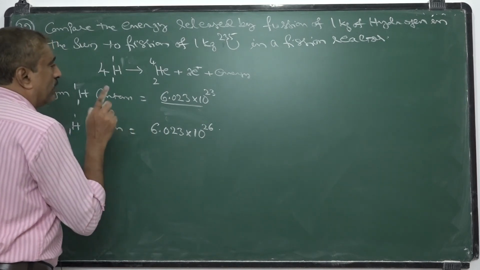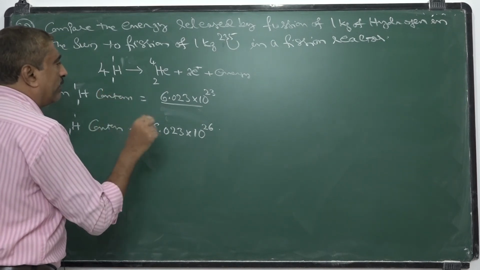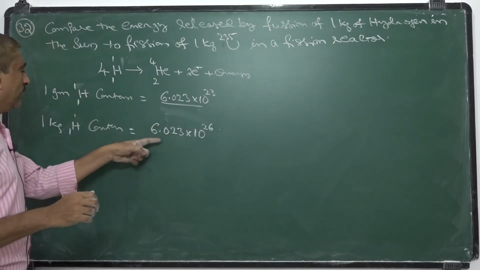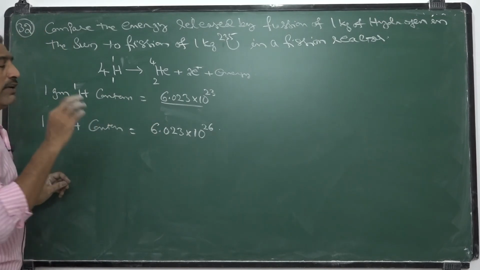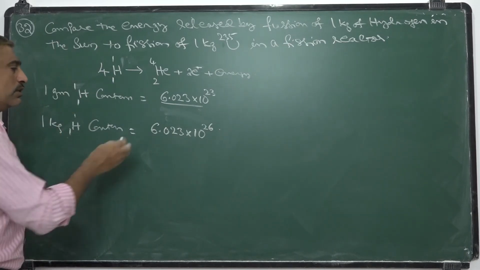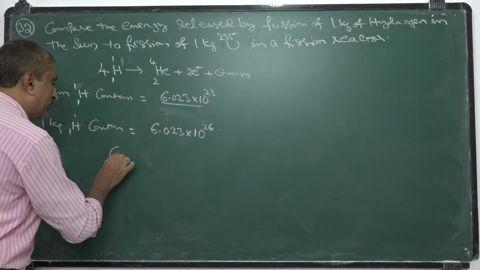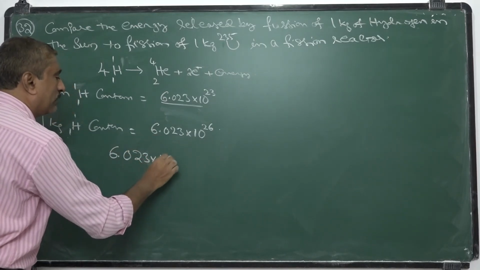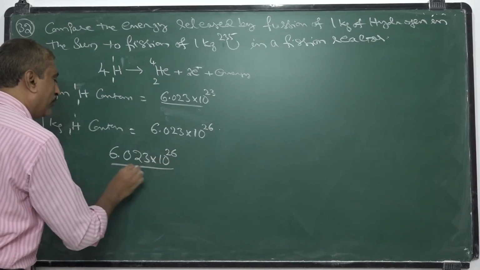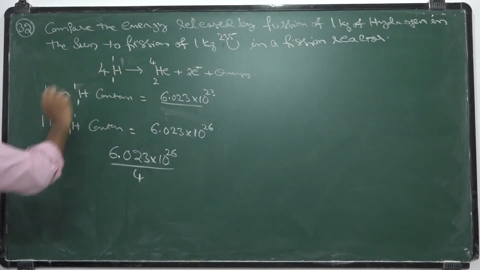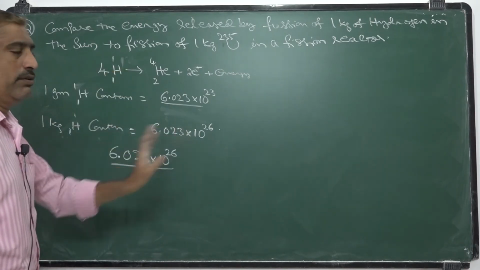So now, the number of fusion reactions that take place with these 1 kg of atoms is: for every 4 hydrogen atoms we will get 1 fusion. So we divide this by 4. So 6.023 into 10 to the power 26 by 4 is the number of fusion reactions that take place in 1 kg of hydrogen.